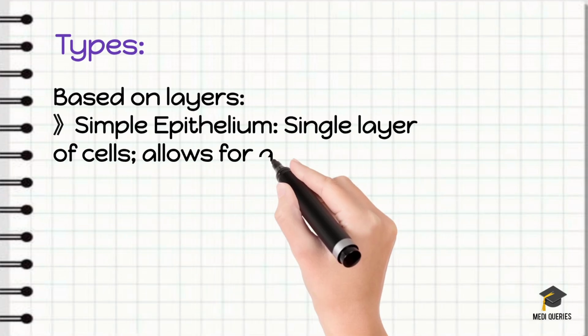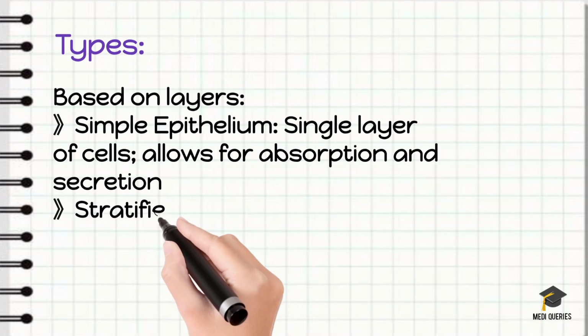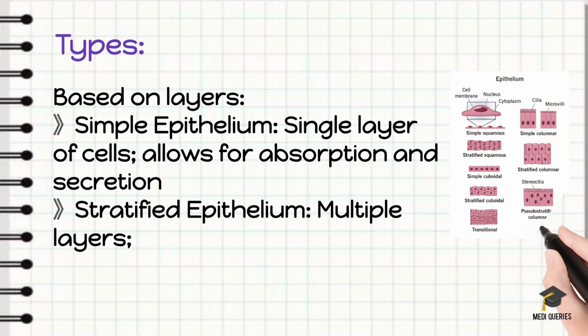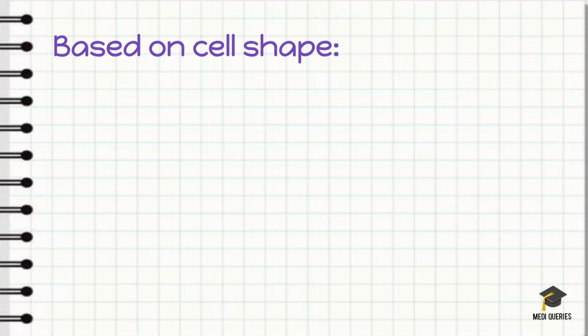Based on the layers, these tissues are divided into two types. The first one is the simple epithelium and the second is the stratified epithelium. In case of simple epithelium, it has a single layer of cells and allows mainly for the absorption and the secretion processes. The stratified epithelium has multiple layers of cells, which mainly provide protection.